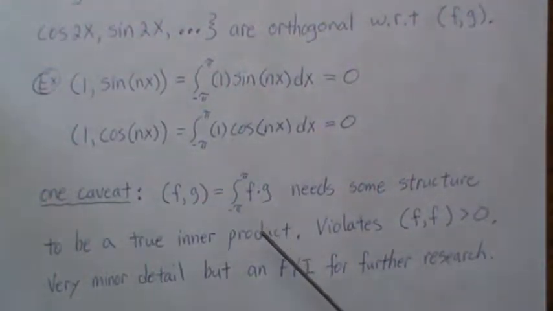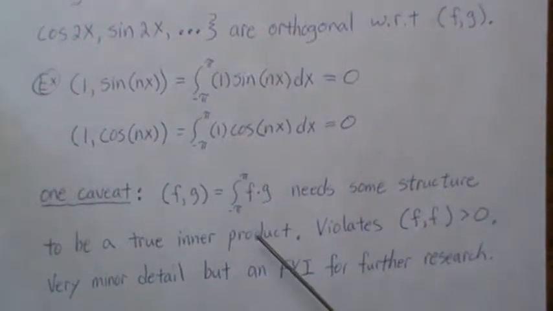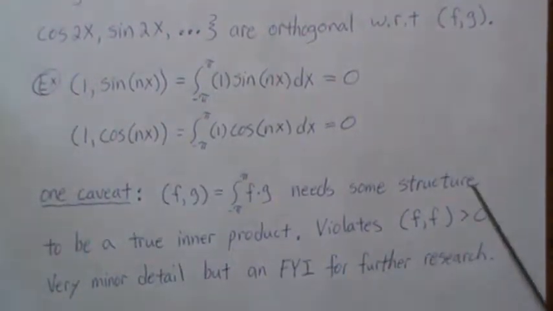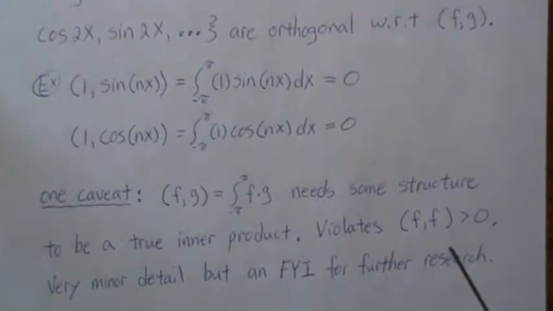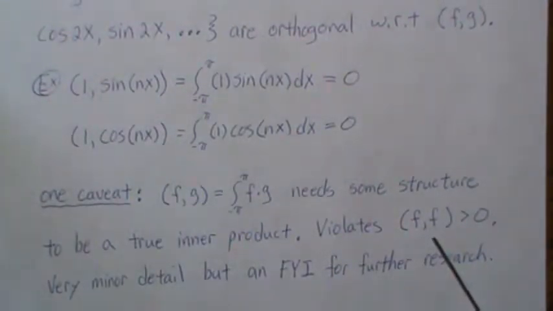This inner product needs just slightly more structure than what we're going to give it, because it violates the property of inner products where if you dot a vector or a function with itself, it must be positive. This inner product can violate this property.